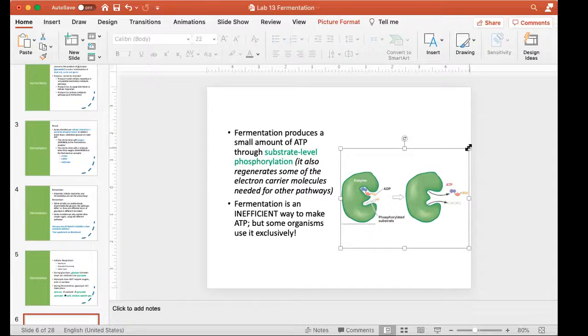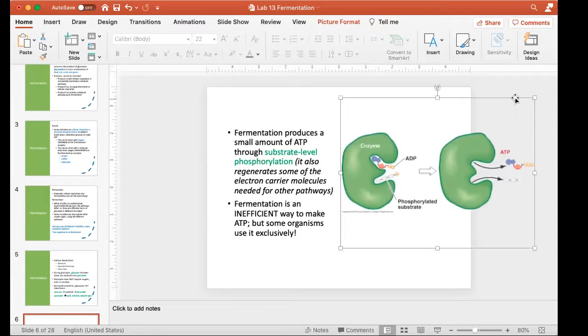I put this diagram in just to remind us how substrate level phosphorylation works. This green monstrous looking thing represents an enzyme, and the areas that are cut out represent the active sites. You can see just barely a white molecule right here with a yellow circle attached to it. That represents a phosphate group.